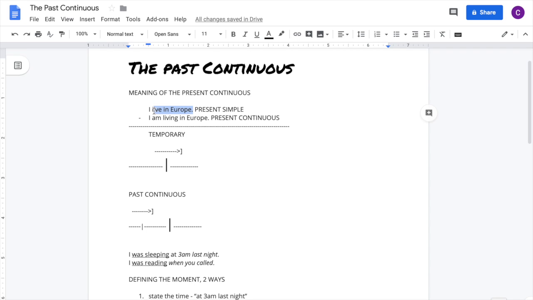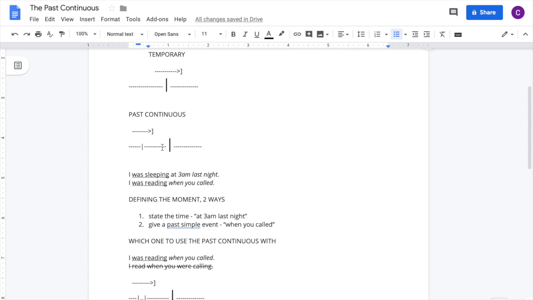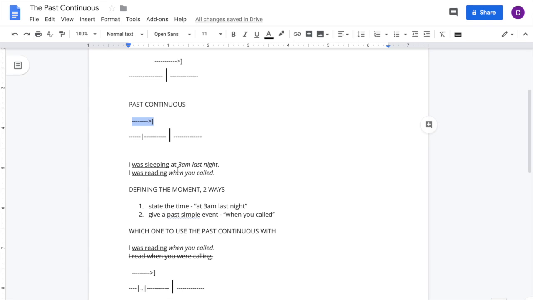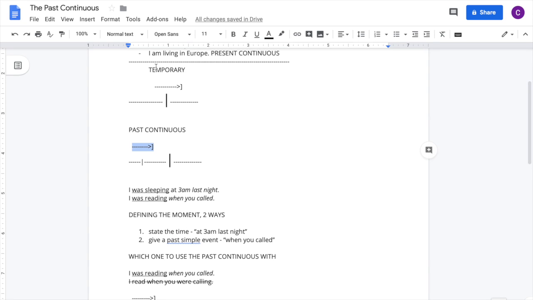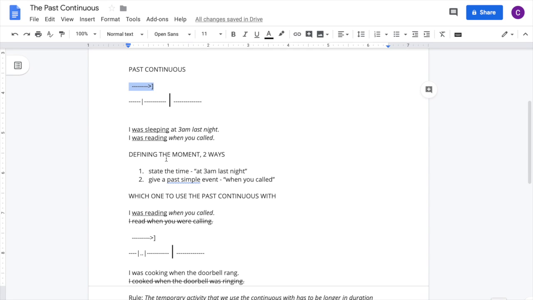Like "I live in Europe" doesn't mean forever, but if I say "I'm living in Europe," I am adding some meaning that this activity is a temporary one. All right, and past continuous is just one of those temporary activities at a past moment in time instead of right now. Present continuous right now, past continuous temporary activity at a past moment in time.